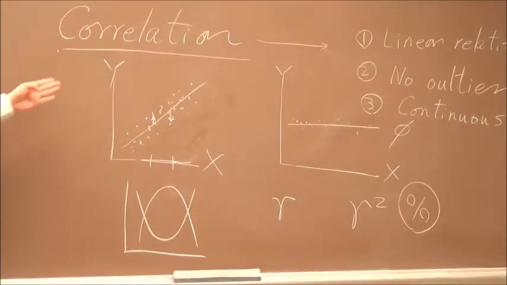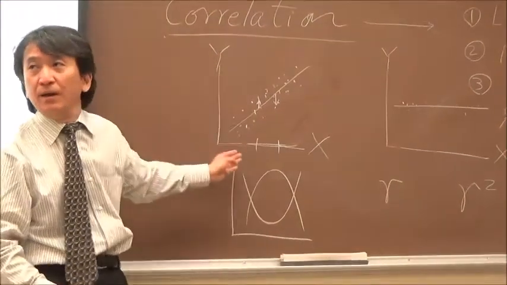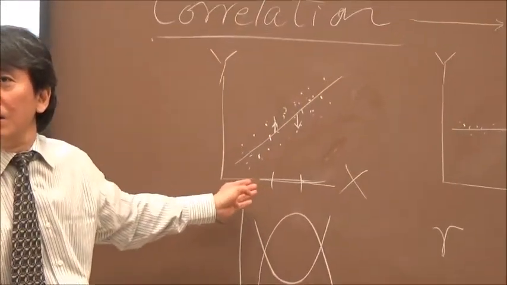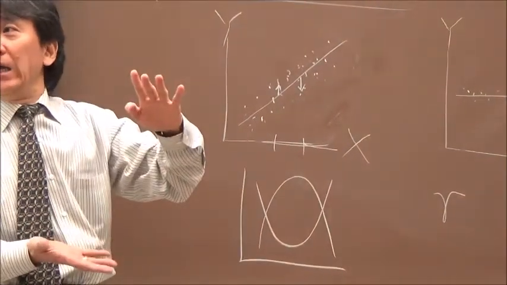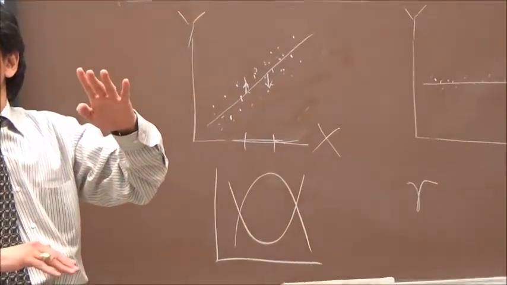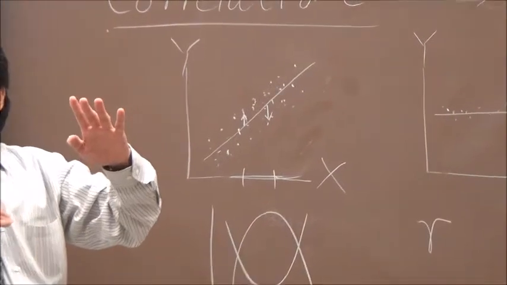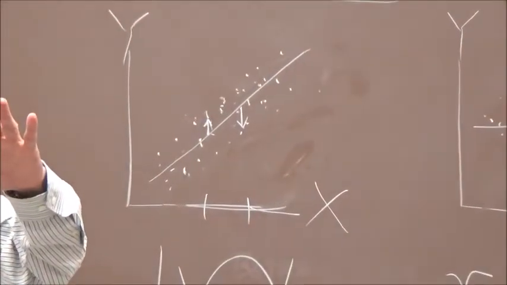Because we are referring to the relationship between X and Y. So, in other words, we are trying to explain variances in Y by X. Because remember, we assume that X is a presumed cause.